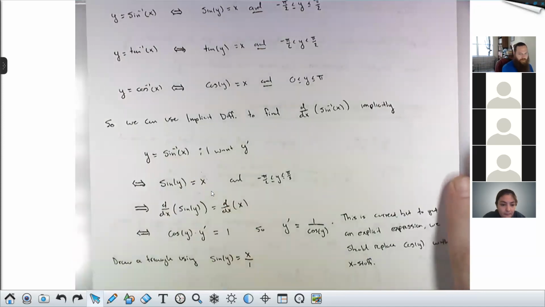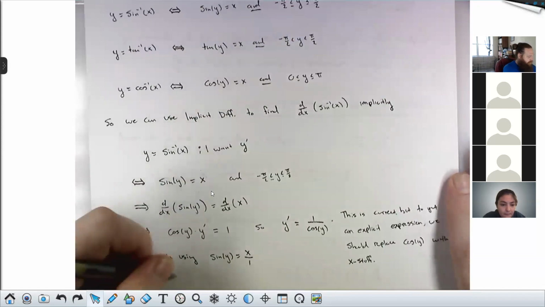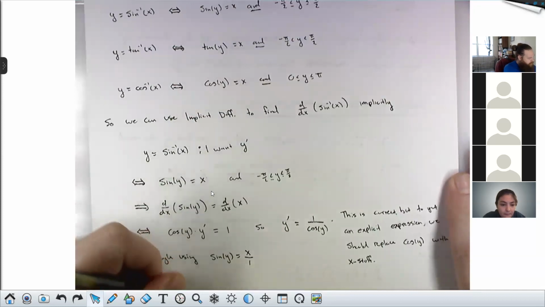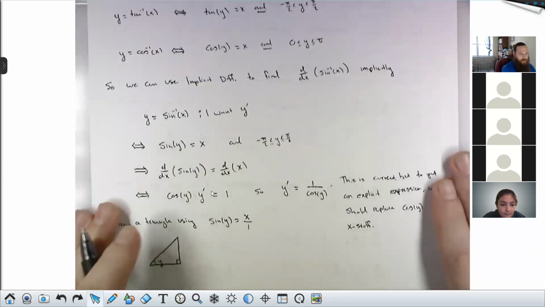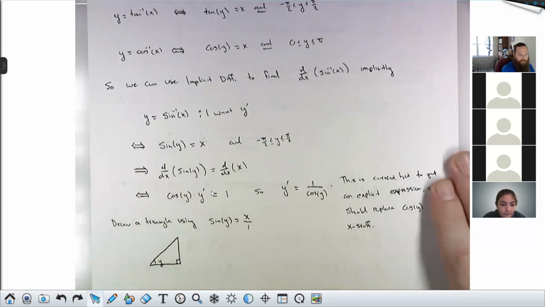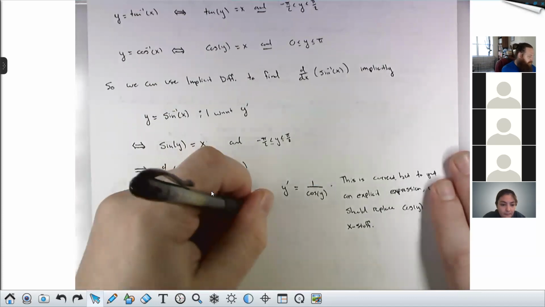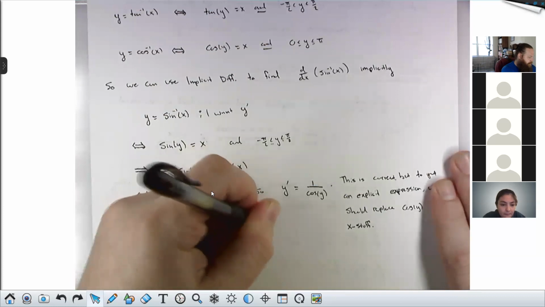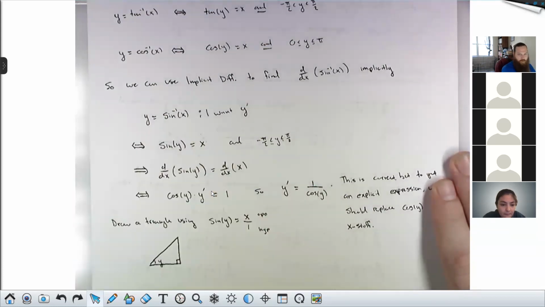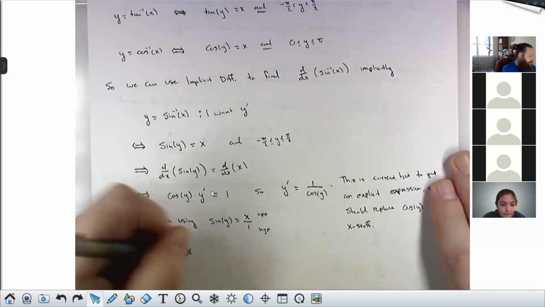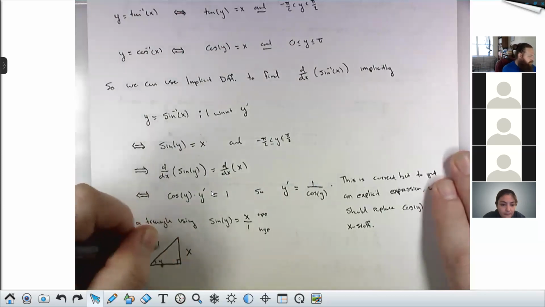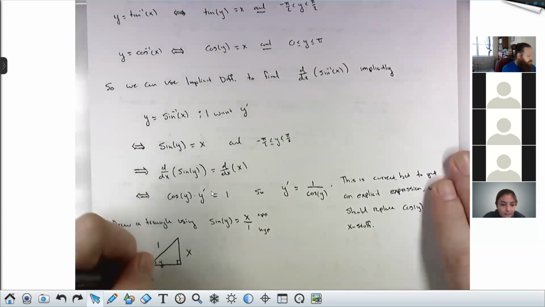x is the same as x over 1. So I can use SOHCAHTOA to draw a little triangle here where y is that angle down there. Sine is the opposite over the hypotenuse, right? That's your SOHCAHTOA. So your opposite side length here should be x, and your hypotenuse should be 1.